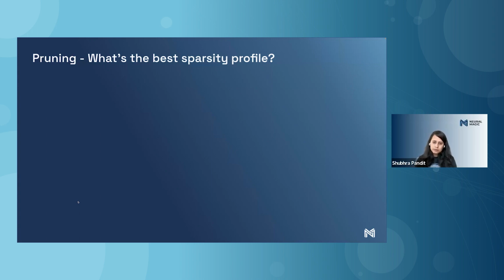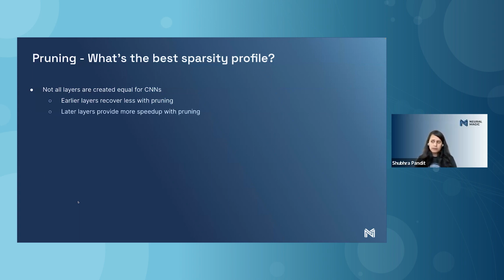The big reason for this is that unlike another model like BERT, for example, a detection model has different layers which react very differently to pruning. So for example, the earlier layers will recover less effectively, while the later layers give you more of a boost in speedup with pruning.